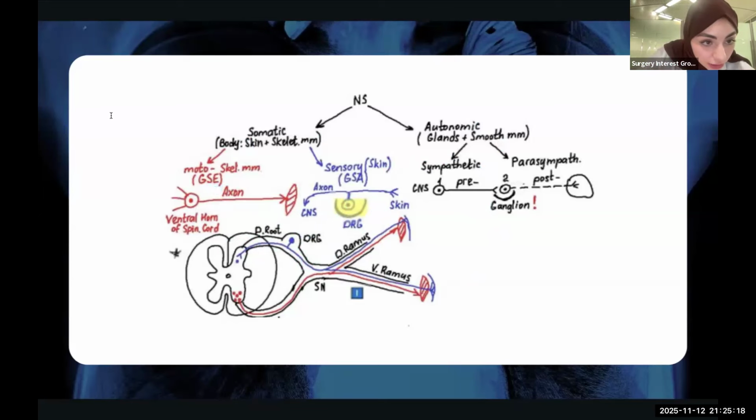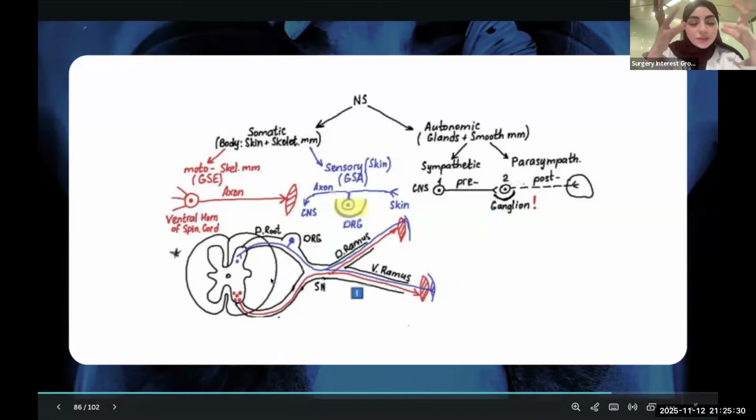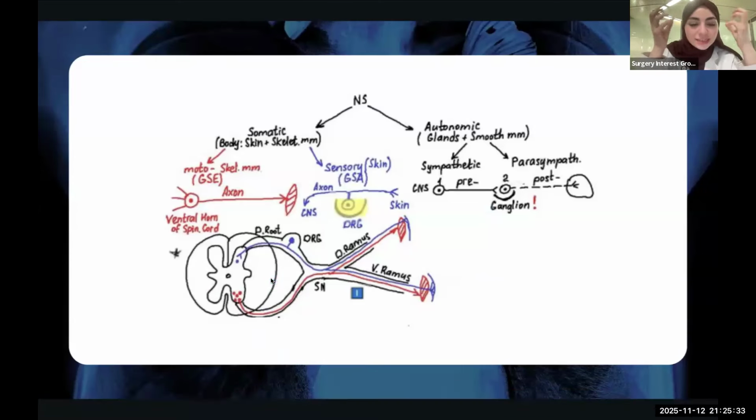So sensory cell bodies are in both. Okay, this is confusing. This is why I said this lecture feels confusing for you guys. The nervous system is made up of a bunch of cells. It's not very strictly just axon or just cell body. You have it all over the body.